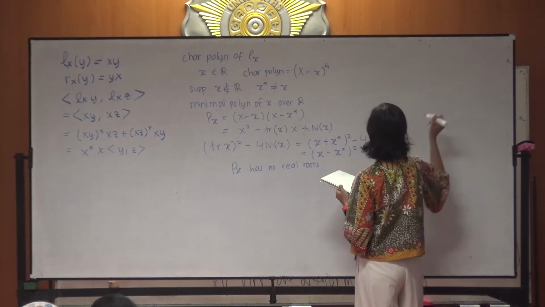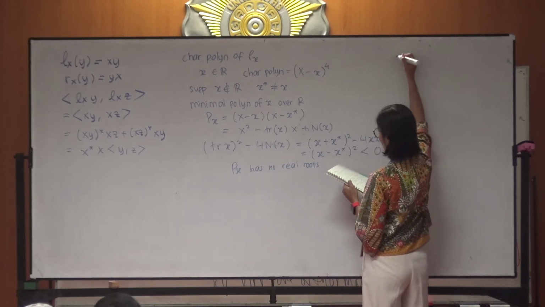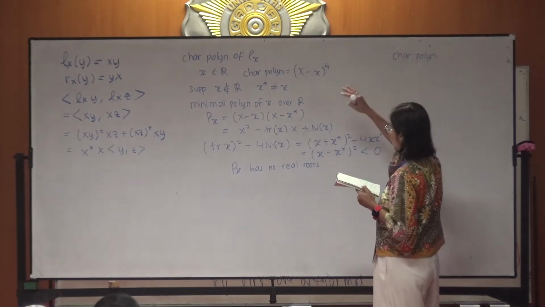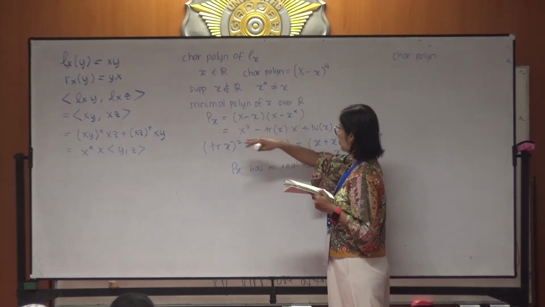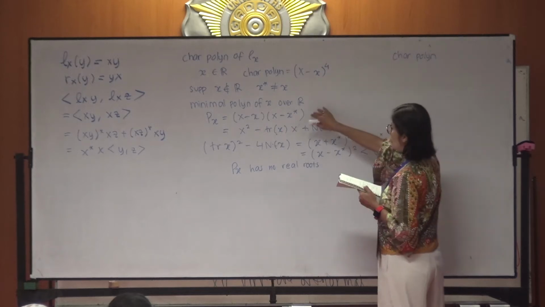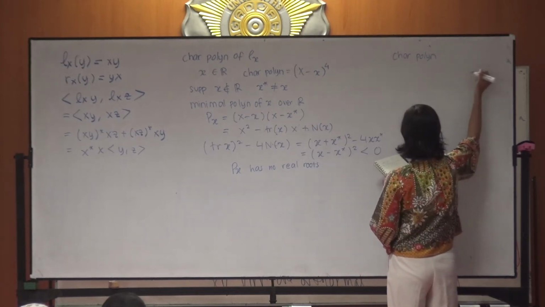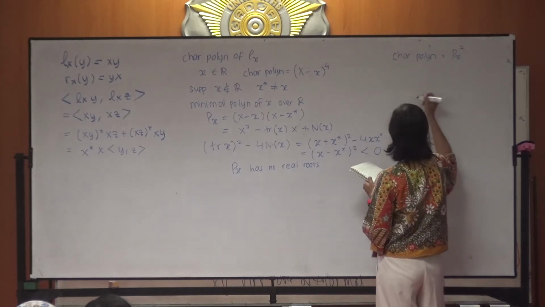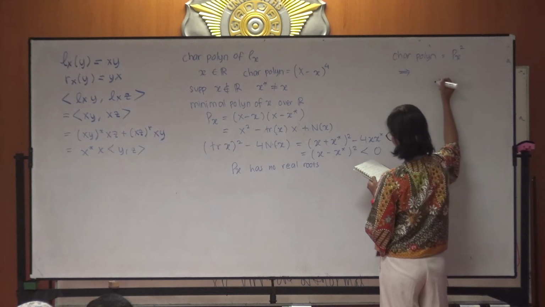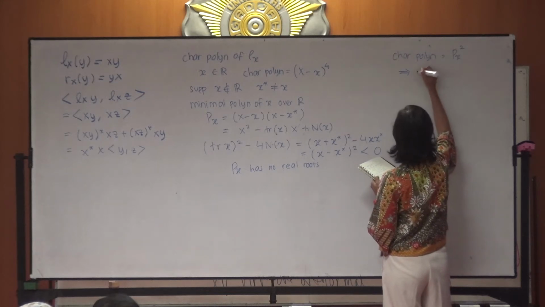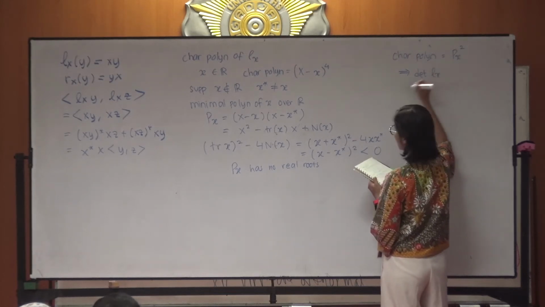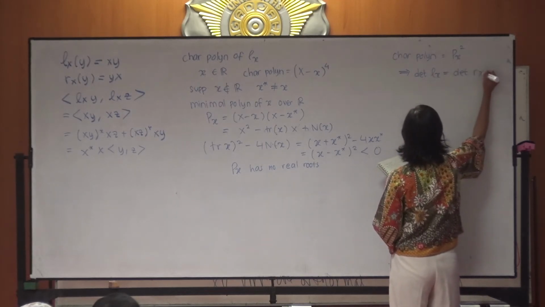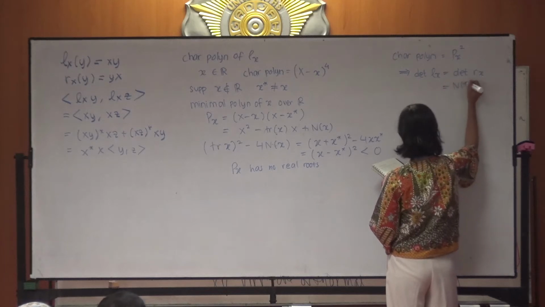So it means that the characteristic polynomial will be a power of this p_x. This will be p_x squared, and in particular the determinant of L_x will be equal to the determinant of R_x, and this will be n(x) squared.